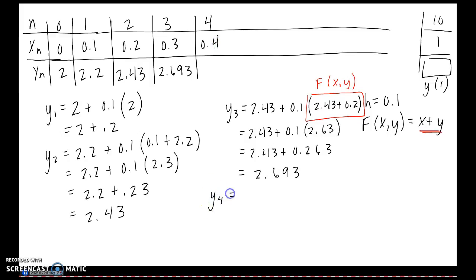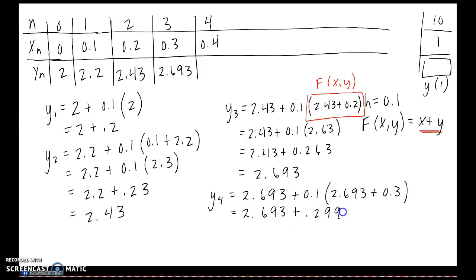So y sub 4, my y coordinate for my third approximation, h, the value of the derivative, I'm going to add that 2.693 and the 0.3. 2.693 plus 0.2993.